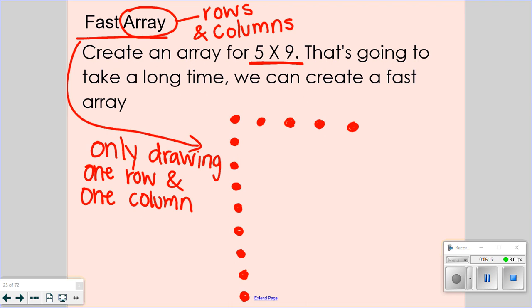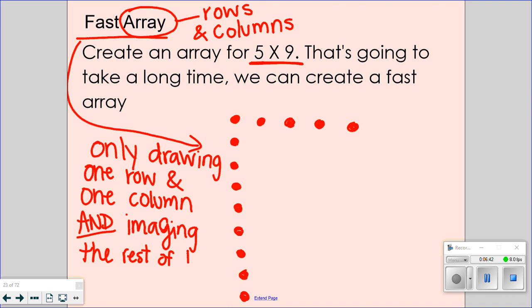Only drawing one row and one column and imagining, because there's a second step, and imagining the rest of the array.